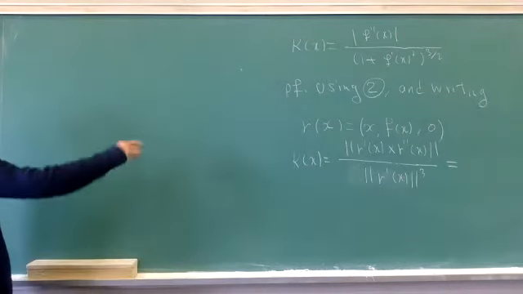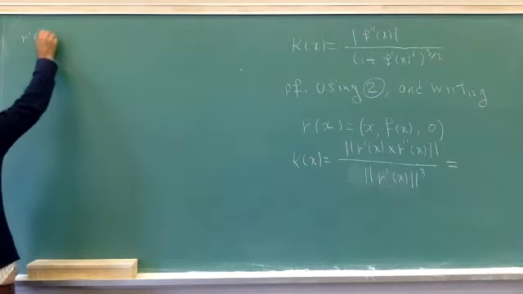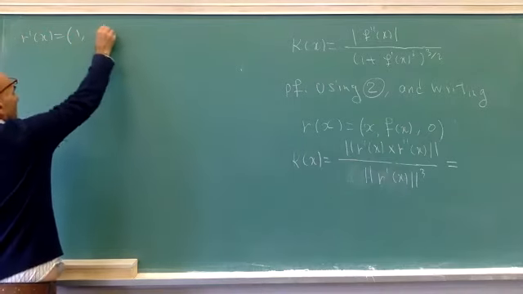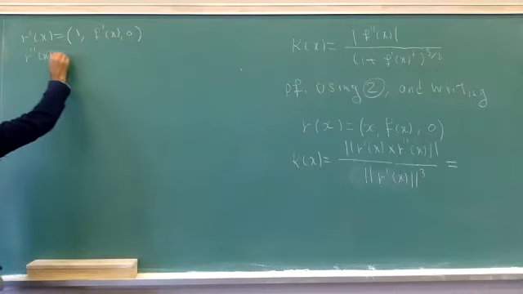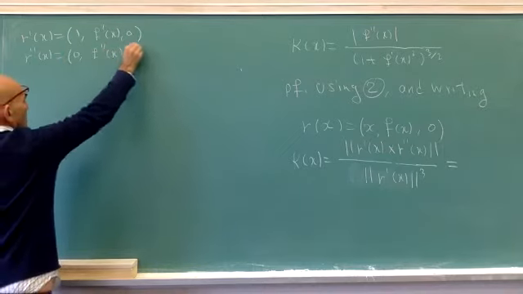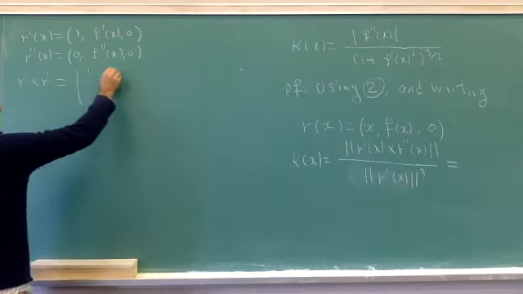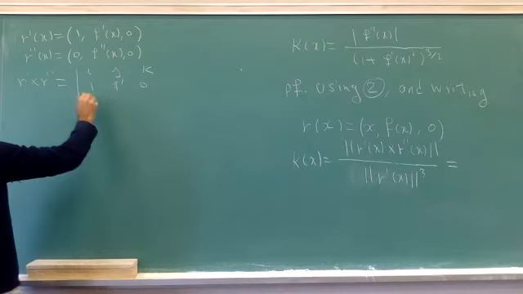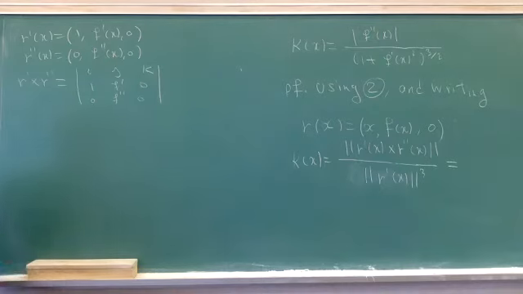All right, so now what is r prime of x? That's equal to (1, f prime of x, 0), and r double prime of x is equal to (0, f double prime of x, 0), and r prime cross r double prime is the determinant with rows i j k, 1, f prime, 0, and 0, f double prime, 0.